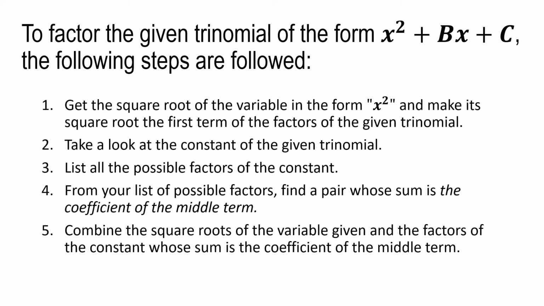Now, from your list of possible factors, step 4 na tayo, find the pair whose sum is the coefficient of the middle term. And last, combine the square roots of the variable given and the factors of the constant, whose sum is the coefficient of the middle term. Now, to understand these steps, let us have an example.